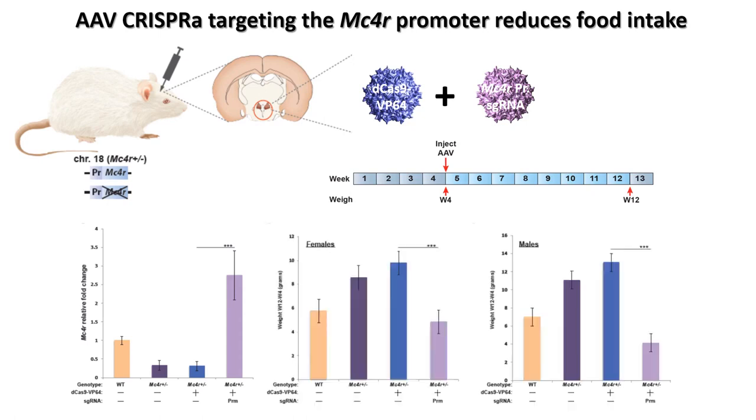In terms of body weight, we can see that wild-type mice gain in that 8-week period about 6 grams of weight, and heterozygous mice gain much more, same as the negative control injected with just the activator, versus the light purple mice that you can see both for females and males that gain similar weight to the wild type, suggesting that we managed to rescue their obesity phenotype.